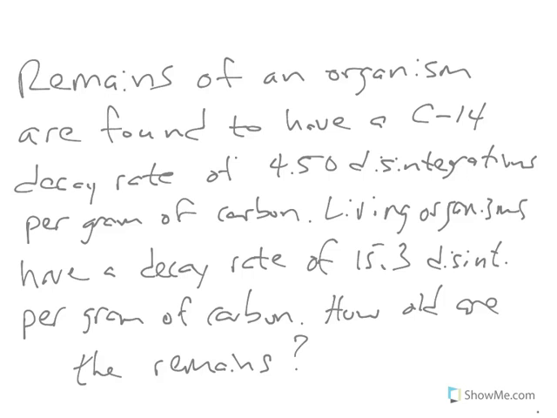When you do radiocarbon dating, there's two steps. The first step is you need to find out what the rate constant is. And then the second step is you're going to use the integrated rate law to find time. So let's look at this.